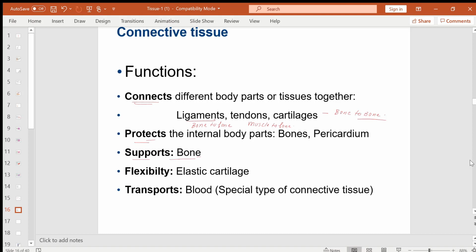Flexibility. One type of connective tissue is elastic cartilage, and where you have the elastic cartilage, that tissue or organ has flexibility. For example, the pinna of the ear. So the ear has elastic cartilage. So you can change the shape easily, and when you remove the pressure, it goes back to its actual shape, right?